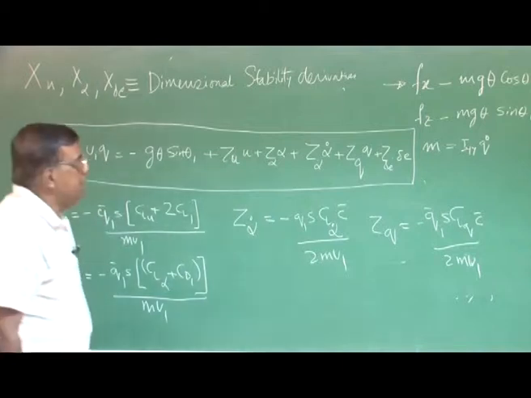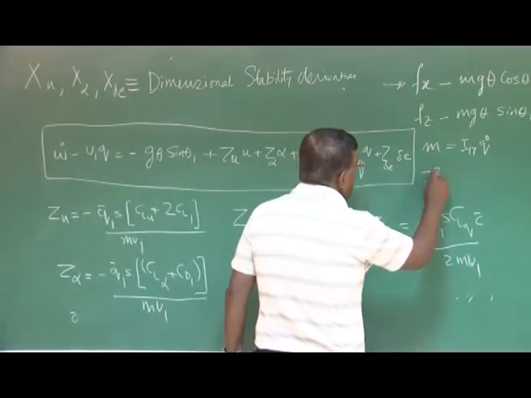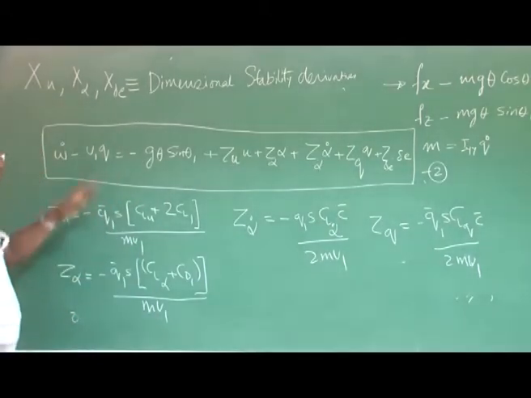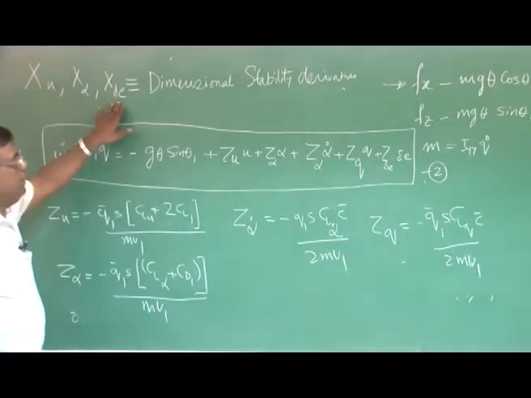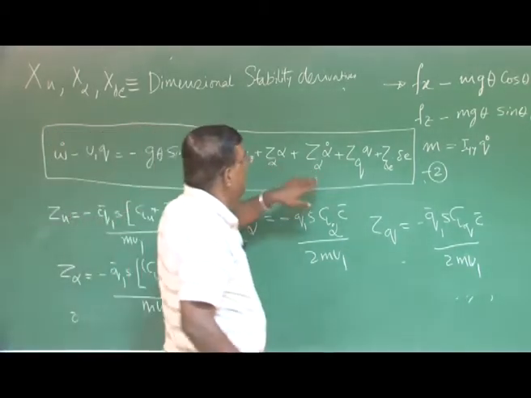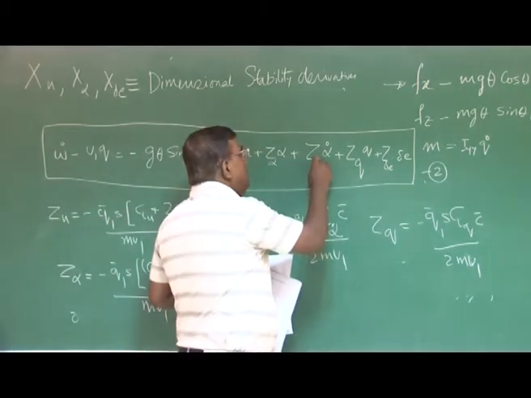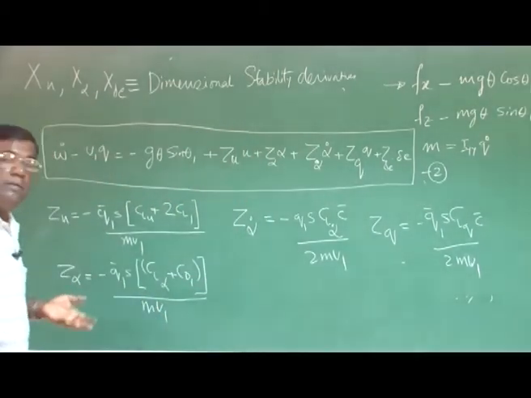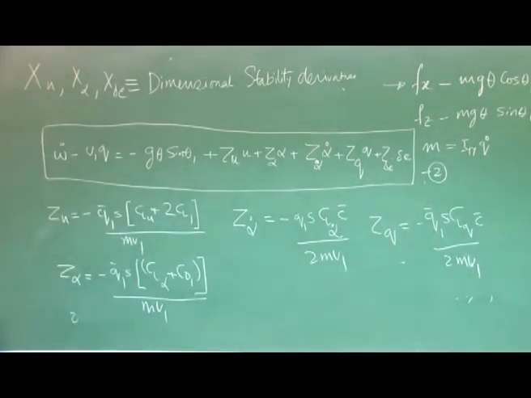So this is my second equation, and also please understand that X_u, X_alpha, X_delta E, Z_u, Z_alpha dot, Z_q, Z_delta E are all dimensional stability derivatives. You can check their dimension, they have a finite dimension.